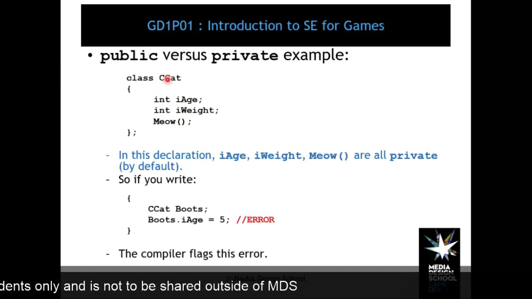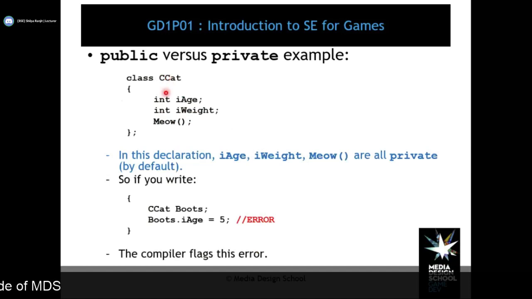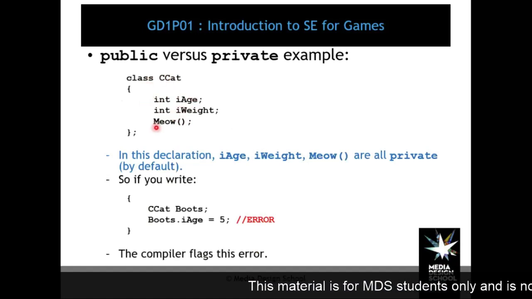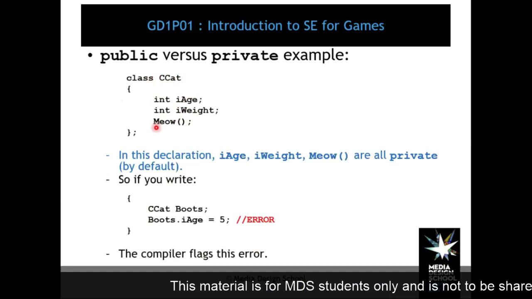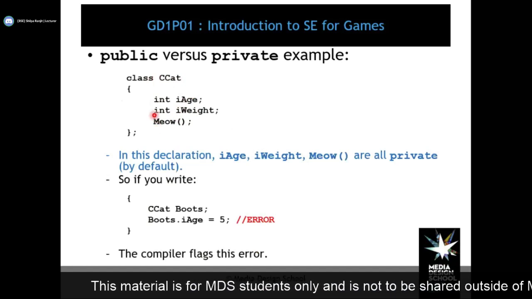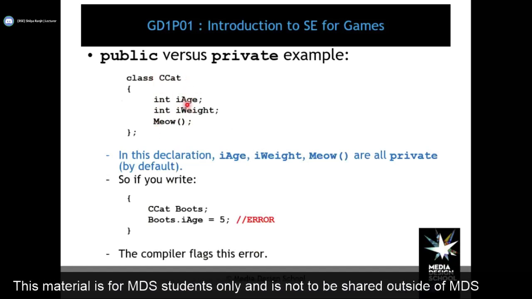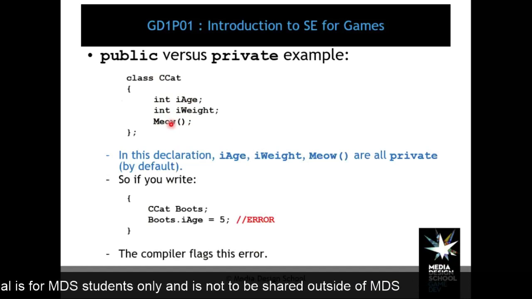That is, it is providing only the required details to the outside world. Unless you specify that these are public, this is not going to be disclosed to the outside world. Or in other words, any function or any class outside this class cannot access any of the members.